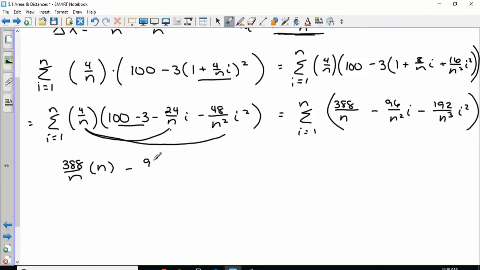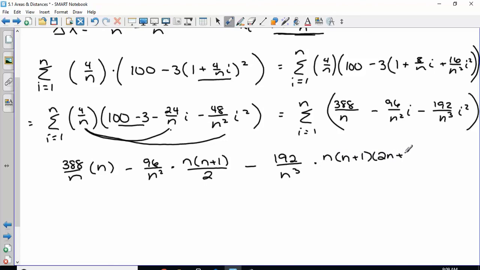Minus 96 over n squared, times the formula for i to the first, n times n plus 1 over 2, minus 192 over n cubed, times the sum of i squared. The square formula is n times n plus 1 times 2n plus 1 over 6.